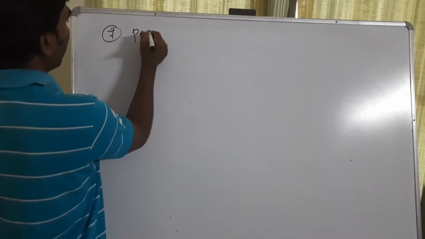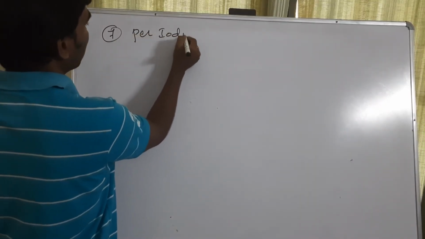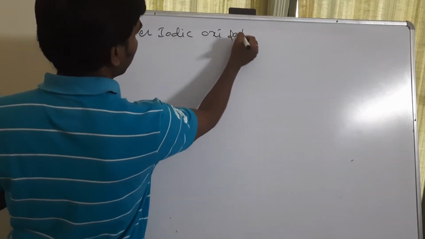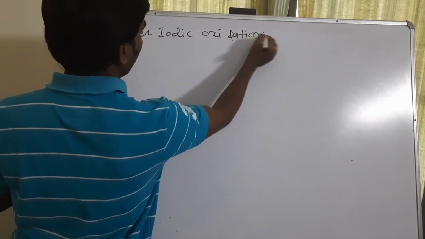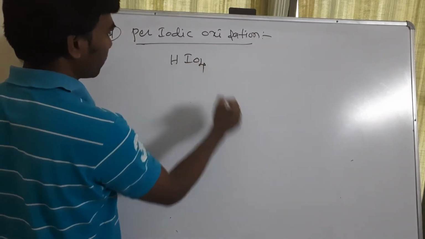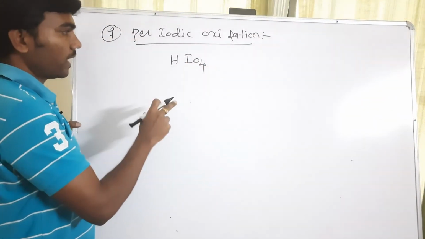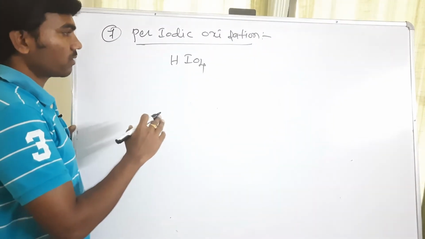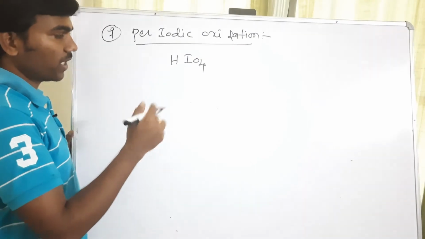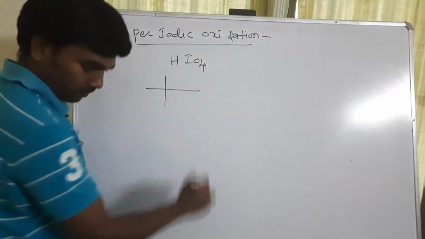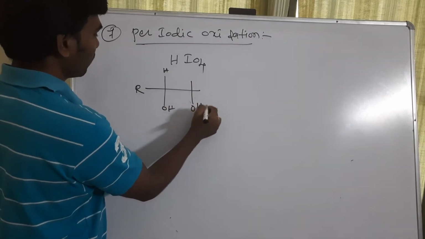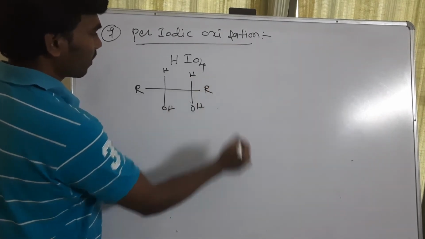Next method is periodic oxidation. Periodic oxidation means here we are taking HIO4. This periodic acid will oxidize only diols, compounds which have diols, like this, with R groups.